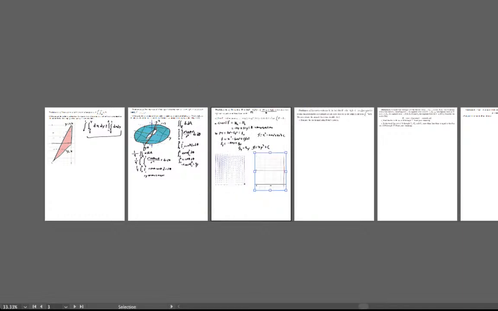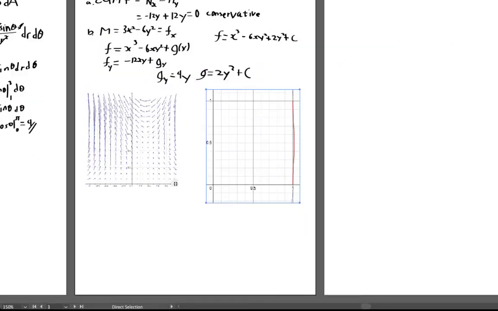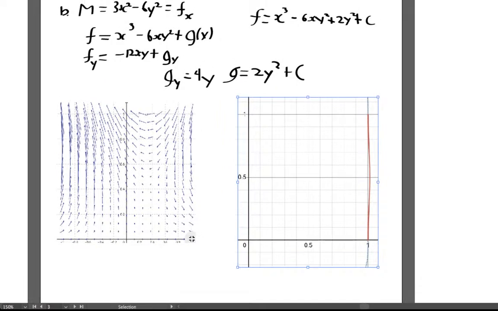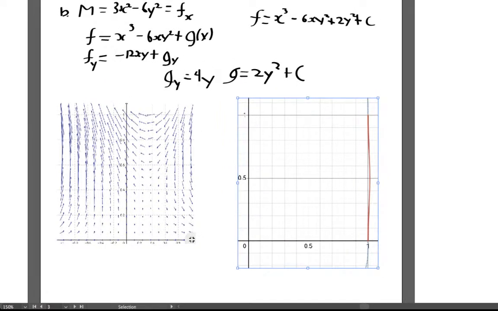Okay, so what I have here is the function that you have. The one on the left is the vector field.